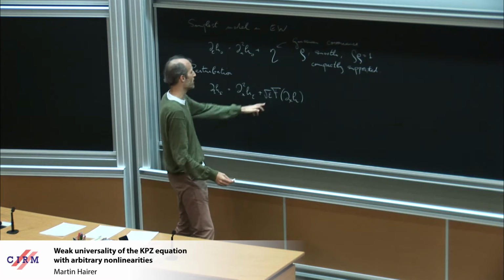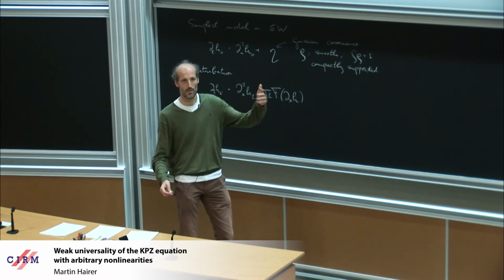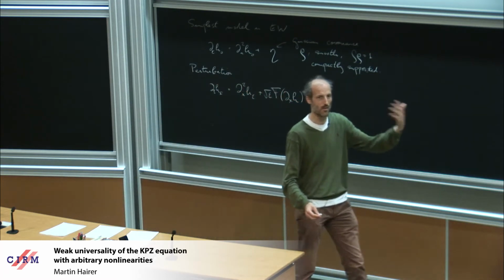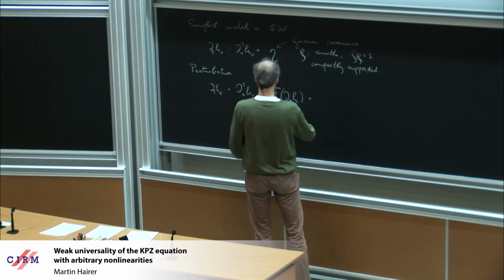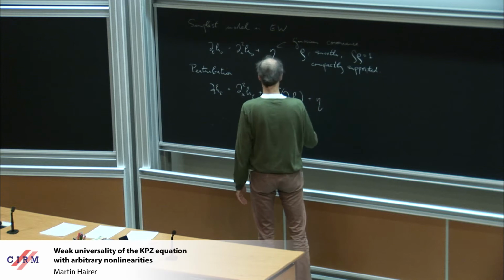The only reason why I put a square root epsilon is just so that I don't have epsilon squares in power 4 all over the place afterwards. So of course you can call this any way you want.